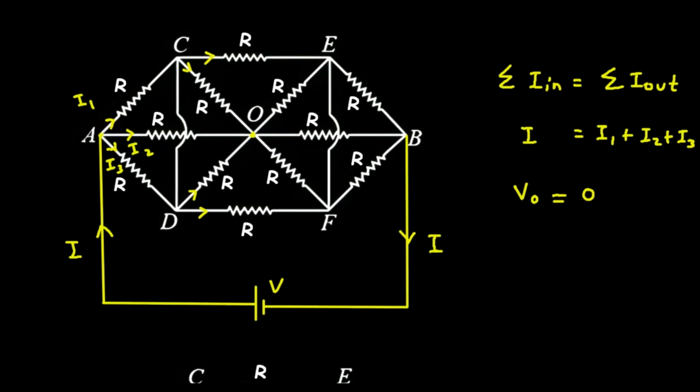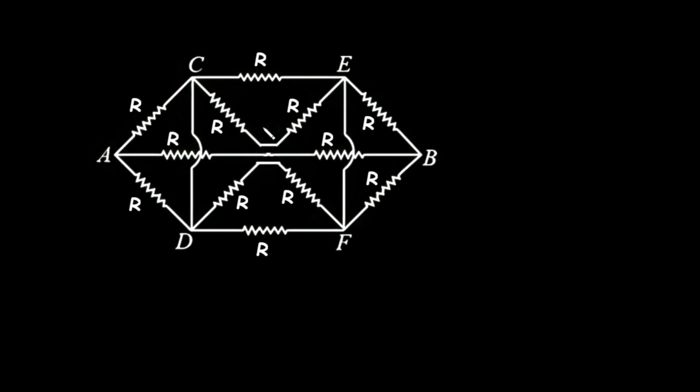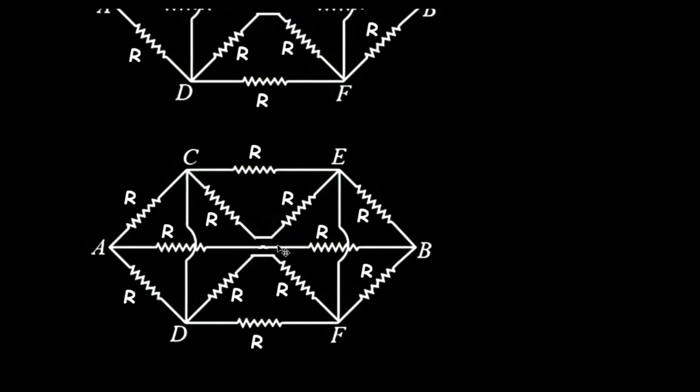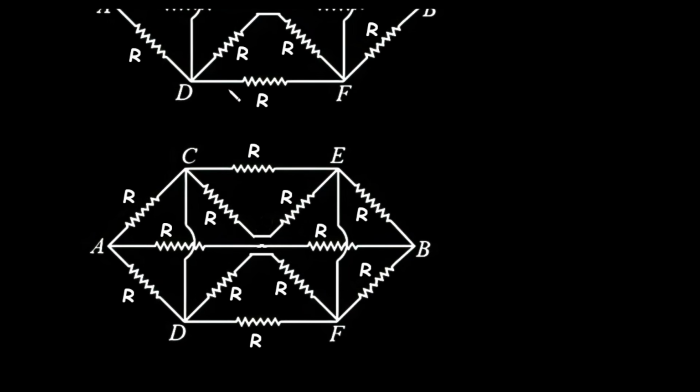Now we can easily simplify this circuit. So again, let's copy this circuit from here. Now here we can see this R and this R are connected in series. So it will be R plus R, 2R.